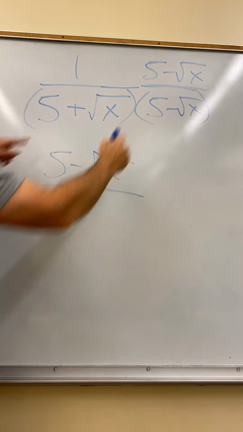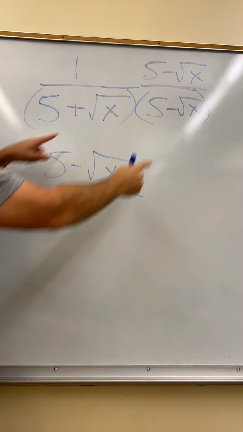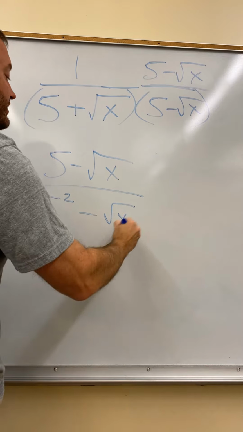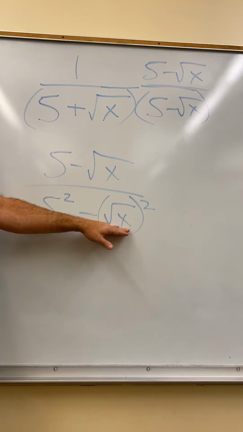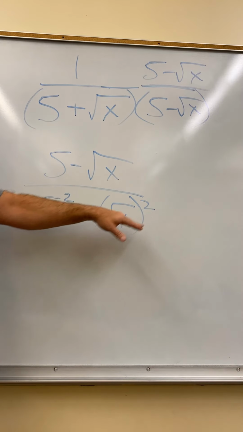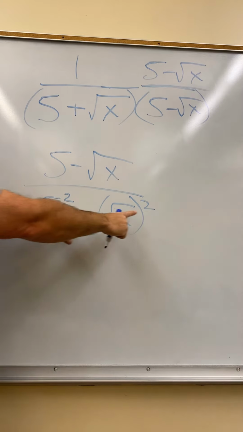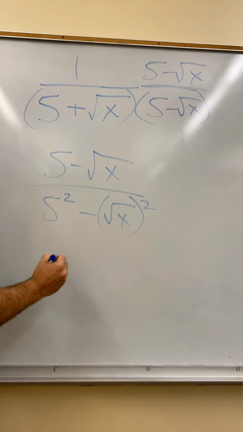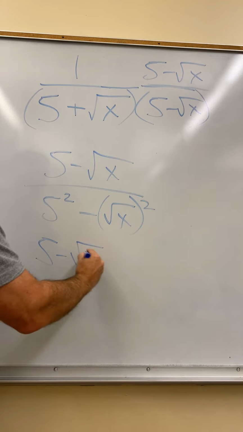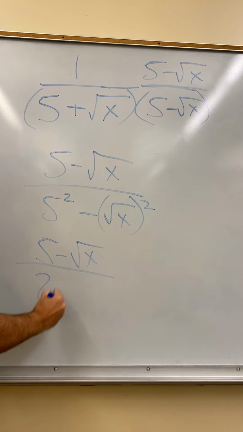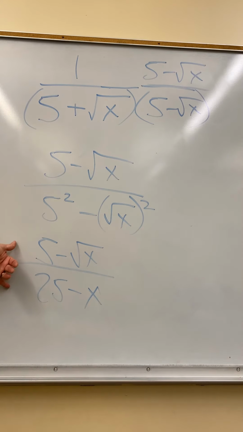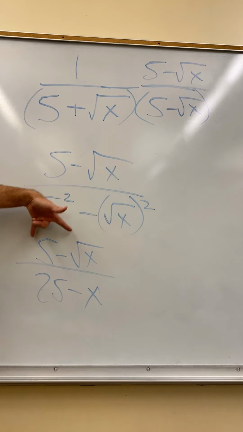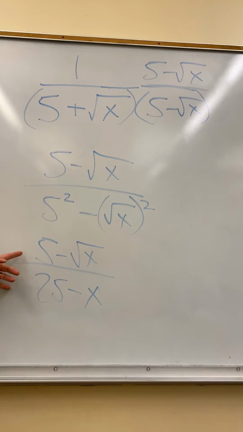The bottom, I'm going to have my 5 squared, with my minus sign, and then I have square root of x squared. So what is x times x? X squared, and then whenever you do the square root of that, they cancel each other out. Remember, these two are opposites. So I get 5 minus square root of x on top, and the bottom I get 25 minus x. Now you cannot simplify these anymore, because this is a binomial and this is a binomial, because there's two terms with a minus sign or plus sign in between, so that's just going to stay your answer.